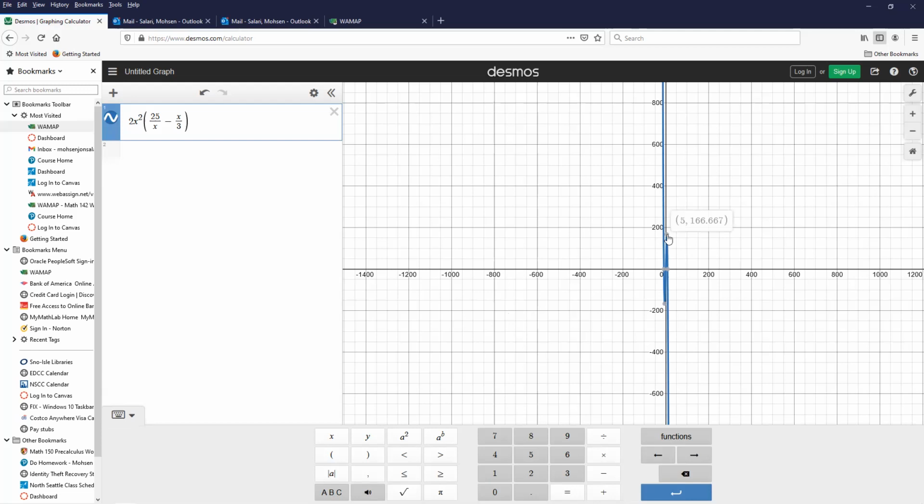The local max is giving me the numbers, which is 5, 166.667. Okay. So I'm going to stop sharing here and go back to my iPad.